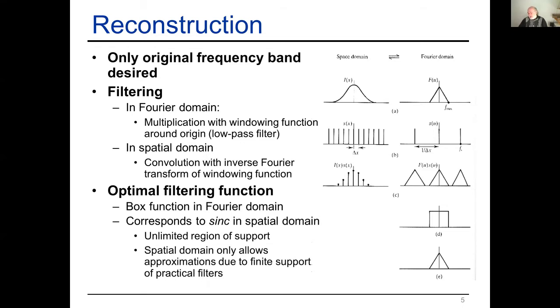Obviously, the product with the box function here, this step D which gives us the result, corresponds to a convolution in image space with a sinc function, right? Again, multiplication in the Fourier domain corresponds to a convolution with the sinc function.